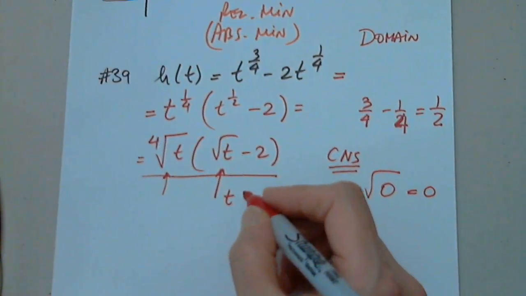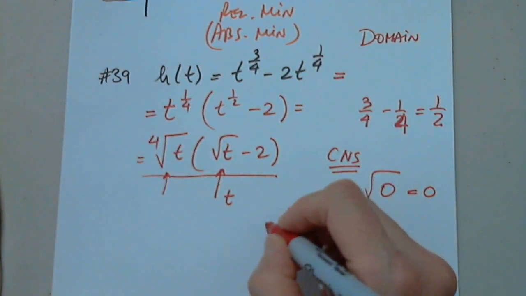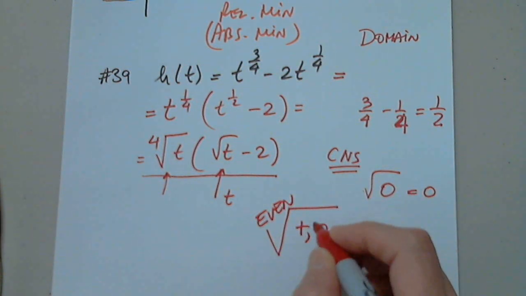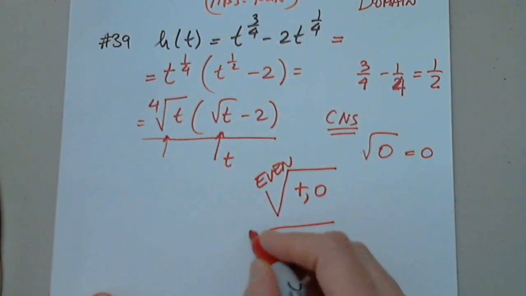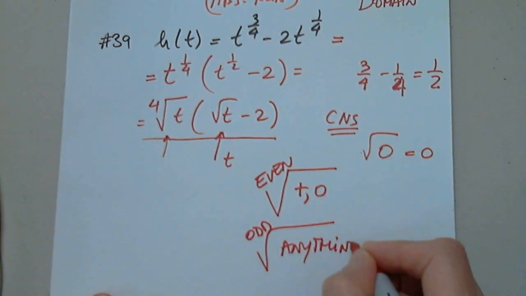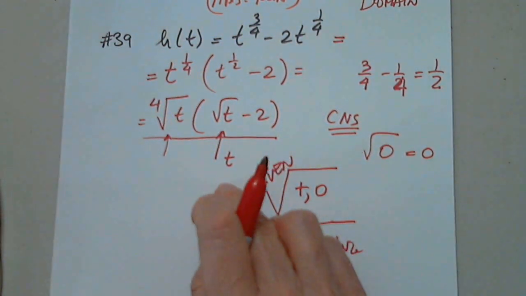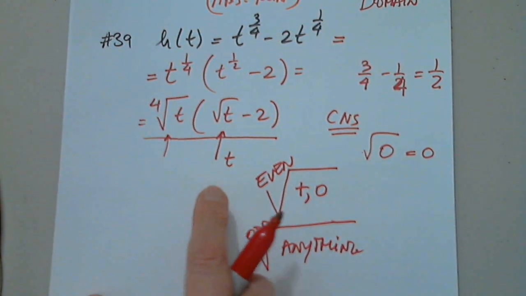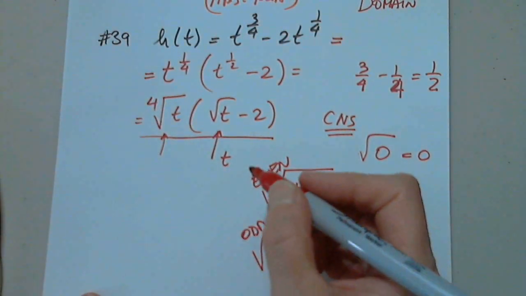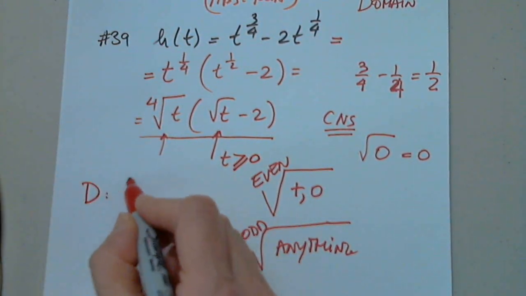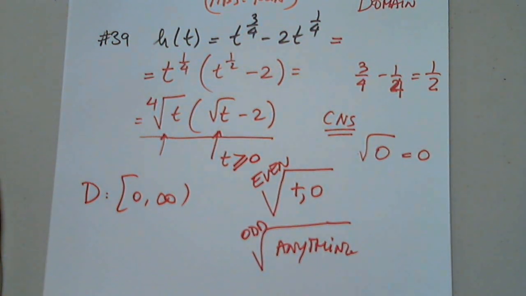Okay. So one more time. If the index is even, we have to have positive or 0. If the index is odd, we can have anything. So again, what is the domain of this function? How do I write it? t greater than or equal to 0. Perfect. So then the domain is 0 to infinity. It's very important.